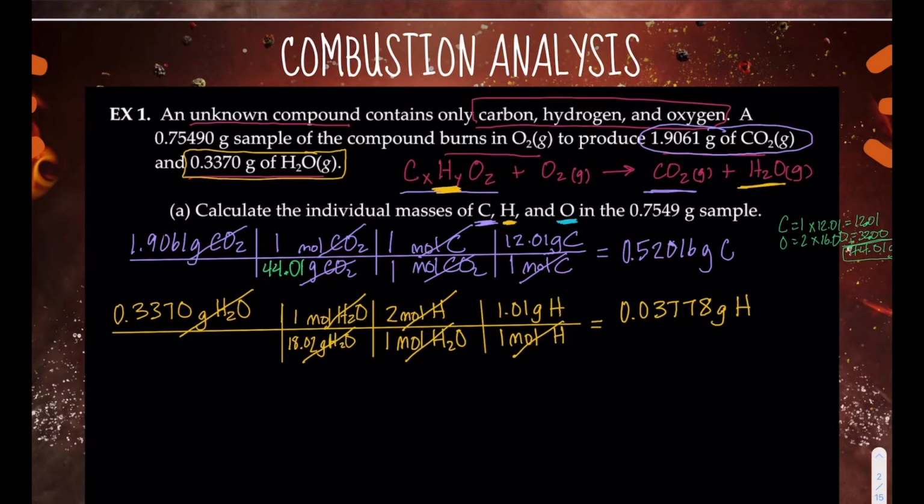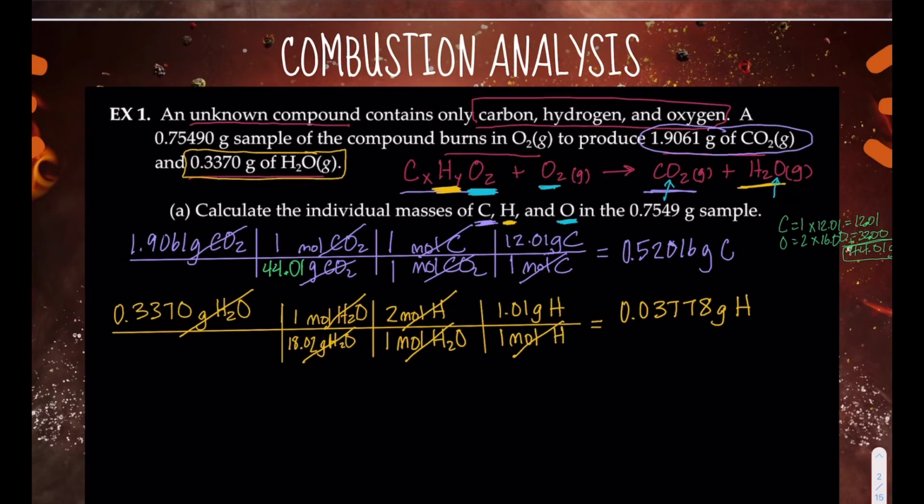Once again, we do not have the formula of the original compound, so we don't know how many oxygens there are in that formula. Notice oxygen is also in another place on the reactant side. It's present all by itself in a diatomic molecule. And then on the product side, it appears in 2 places, in carbon dioxide and in water.